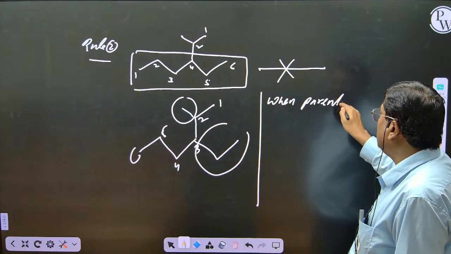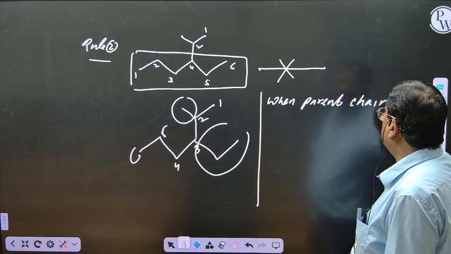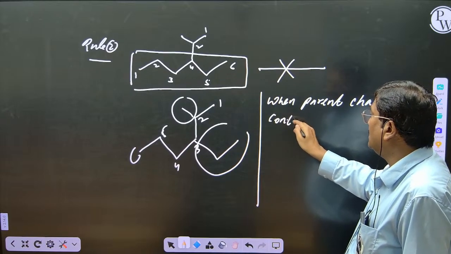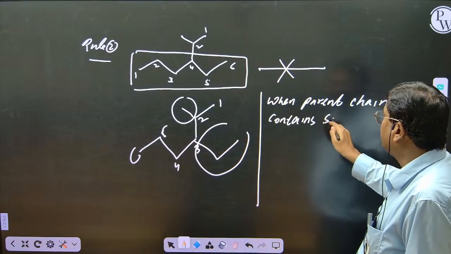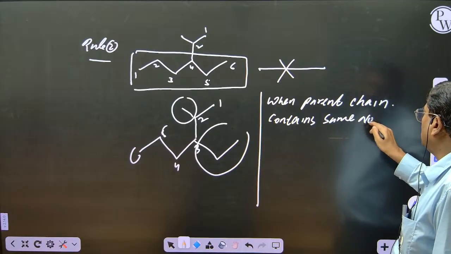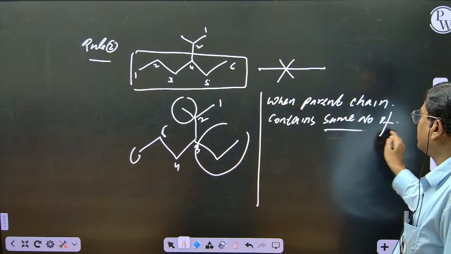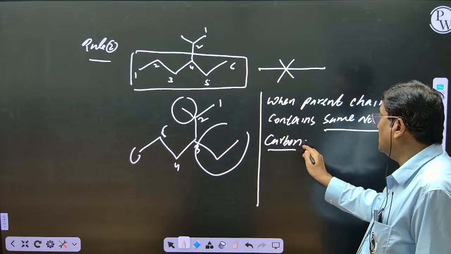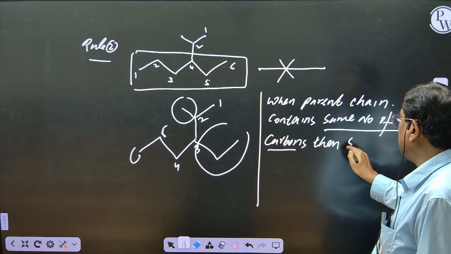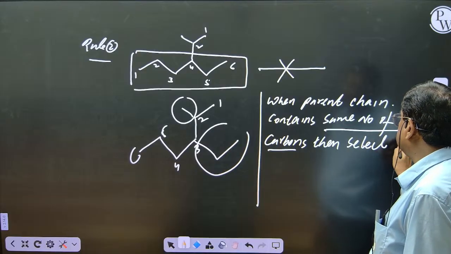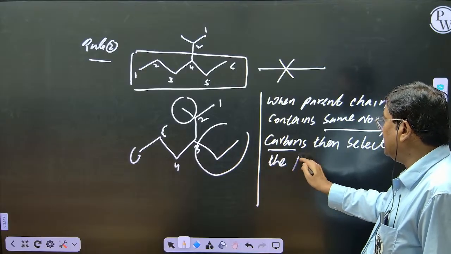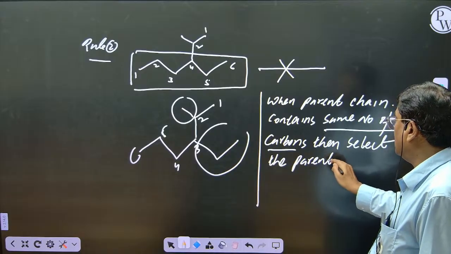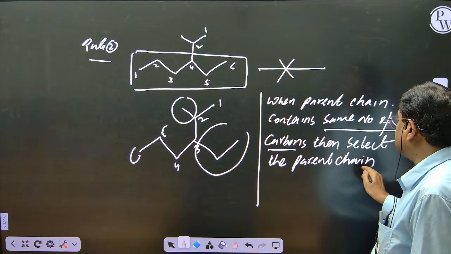When the parent chain contains the same number of carbons, then select the parent chain with more number of branches. Select the parent chain having more number of branches.